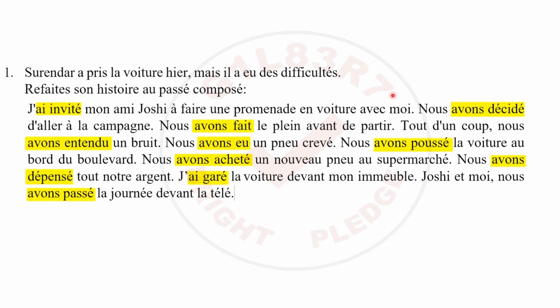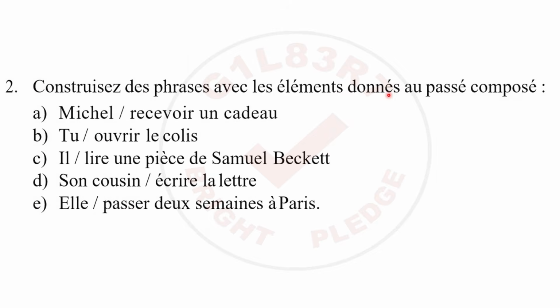All right. So now let's move on to the next exercise. Again in this exercise, they want you to construct sentences with the given details in the passé composé. So here you have Michelle followed by the verb to receive and then a gift.